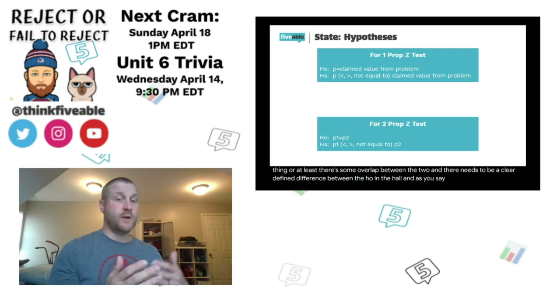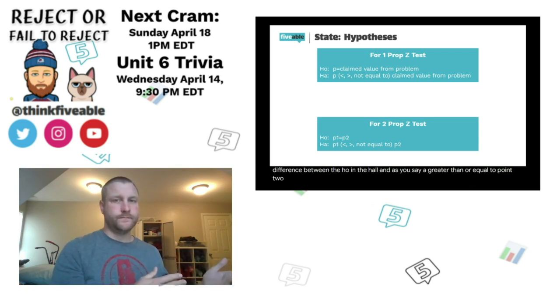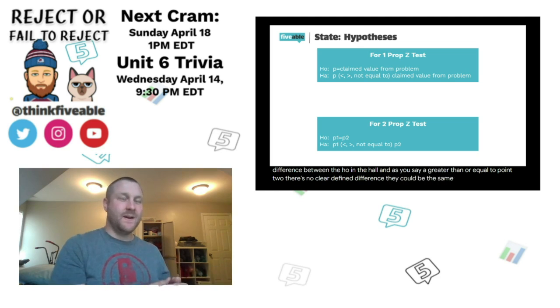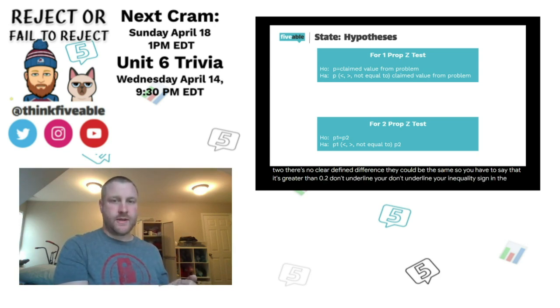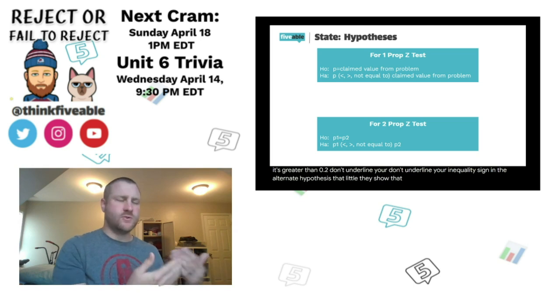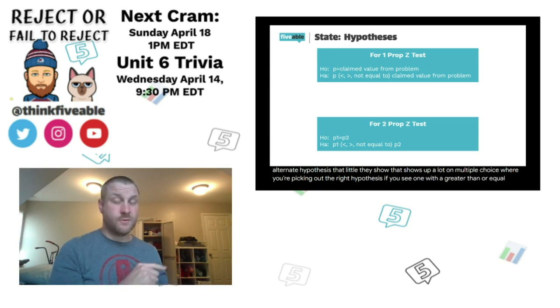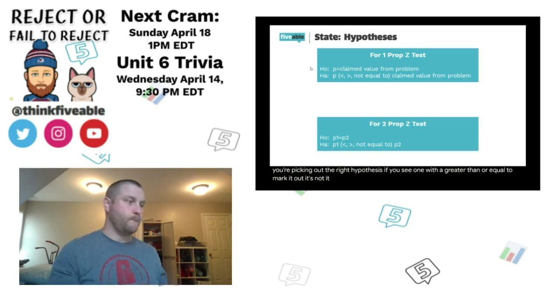And if you say greater than or equal to 0.2, there's no clear defined difference. They could be the same. So you have to say that it's greater than 0.2. Don't underline your inequality sign in the alternate hypothesis. That shows up a lot on multiple choice where you're picking out the right hypothesis. If you see one with a greater than or equal to, mark it out. It's not it.